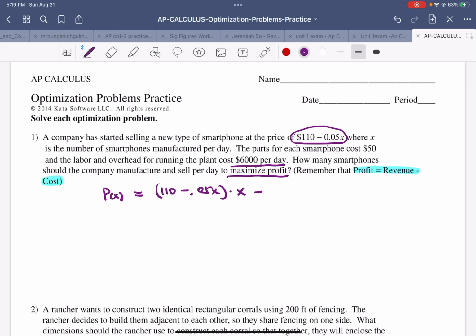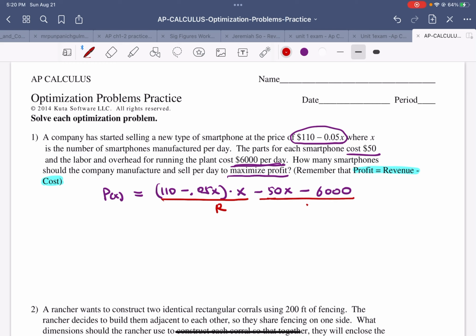Minus, and the cost is said that each one is a $50 cost, right? So 50x minus, and then also this one is the labor and overhead per day, 6,000. So in that equation, this is the revenue and this one is the cost.